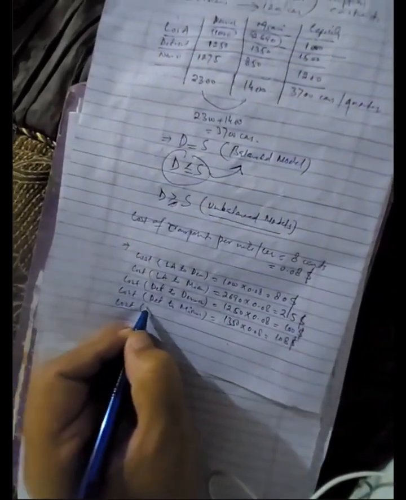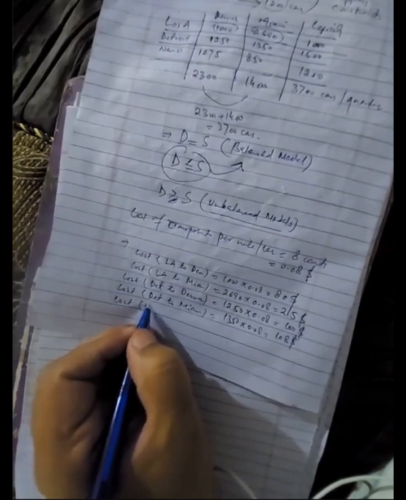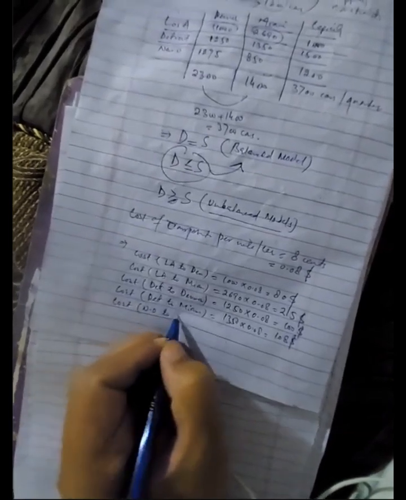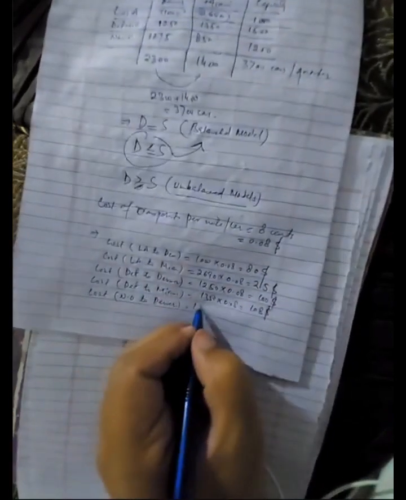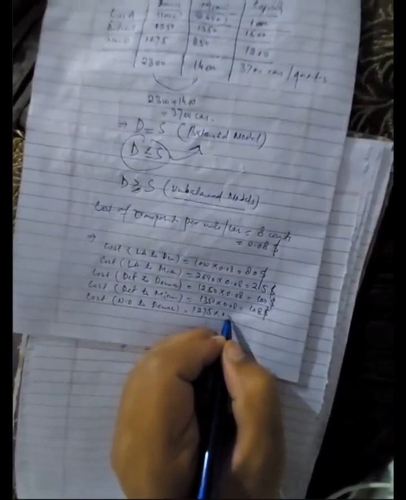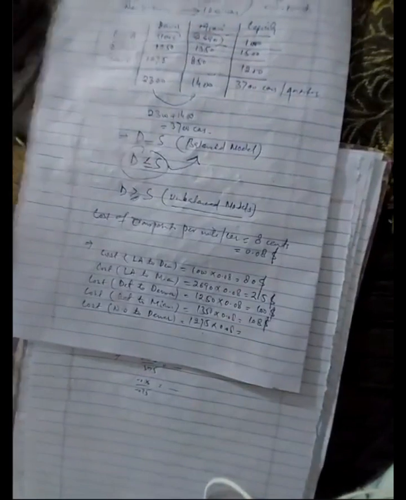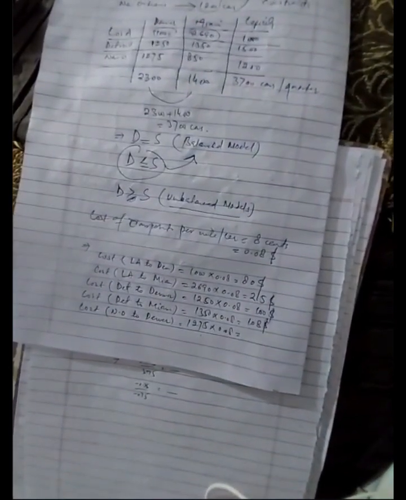Now the cost from New Orleans to Denver is equal to 1275 multiplied by 0.08. It will give us $102.